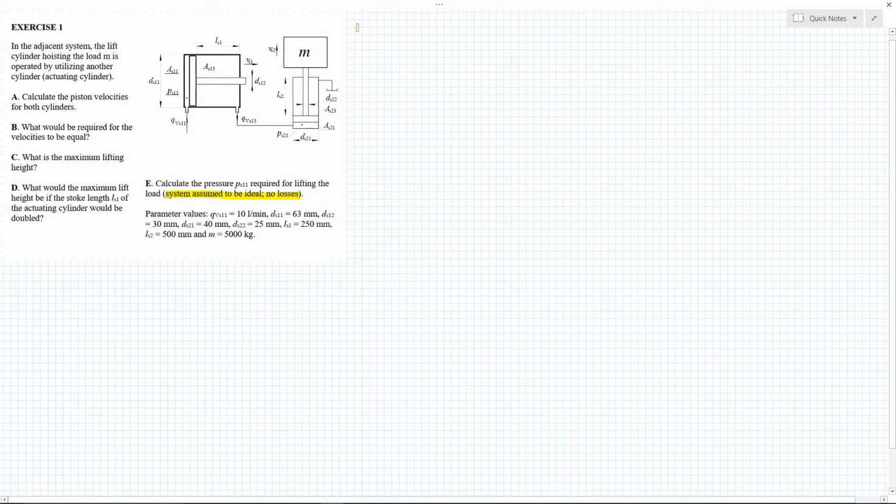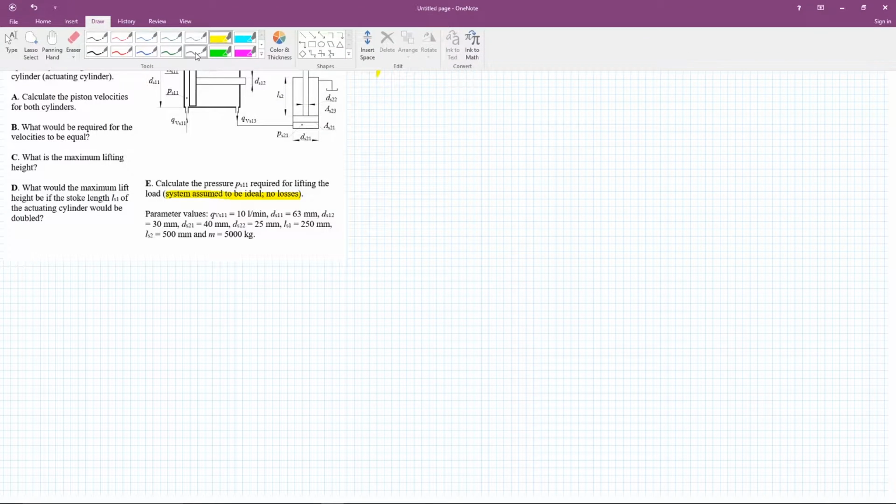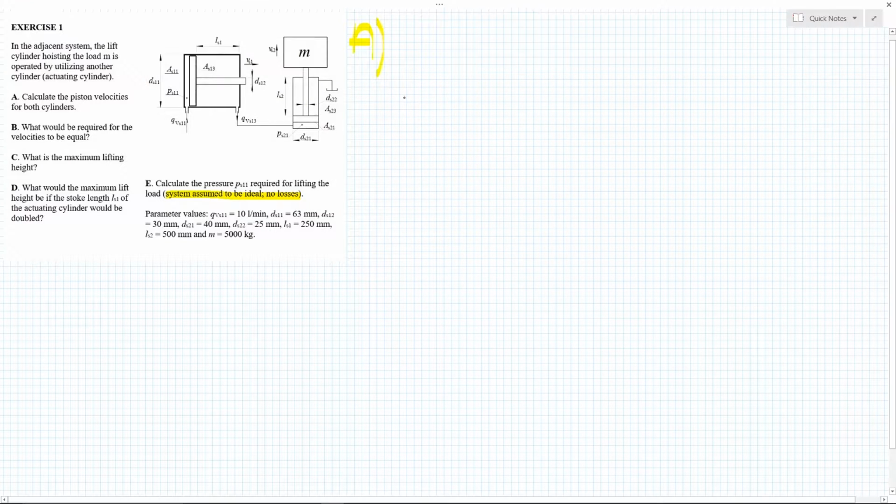Now, let's start with A, okay? So we're going to calculate the piston velocities. Let me just choose my pen. So right here we have some parameters. We have the flow coming in our actuating cylinder. We have the diameter of the front of the piston. We have the diameter of the piston rod. You'll see why we need that.